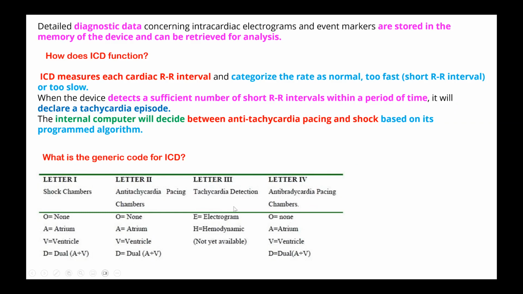So it can tackle both tachy and bradycardias, and in tachycardia it can sense whether it is simple ventricular tachycardia or ventricular fibrillation to institute the therapy of anti-tachycardia measure or a mild defibrillation to convert fibrillation into sinus rhythm. So this is the main difference between the pacemaker and ICD. Okay, so the coding is completely different based on the function, even though the lettering is the same.